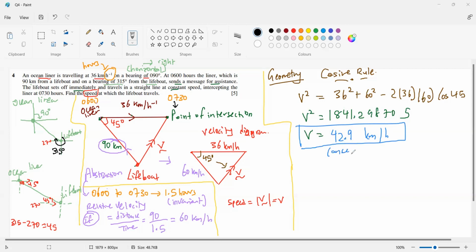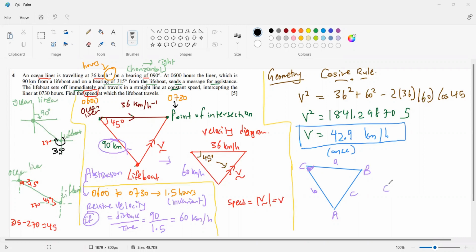One last comment: for some of you who may have forgotten the cosine rule, let me label this nicely and write the rule here. Say it's triangle ABC, where C is what we're going to find, with small letters a, b and c.